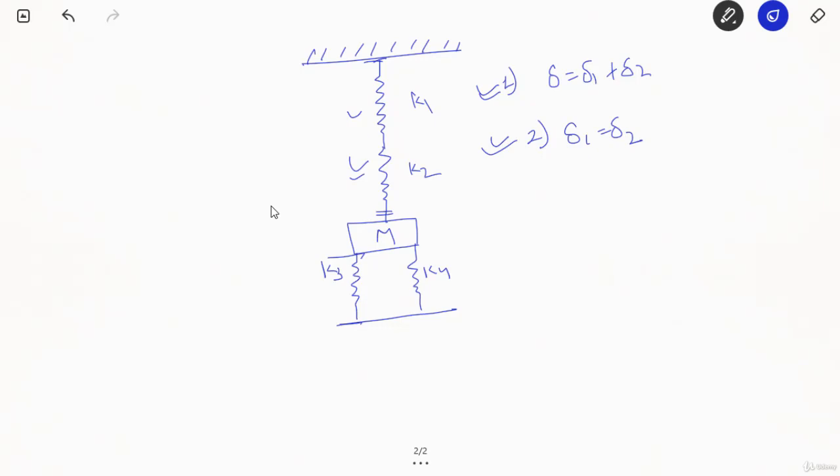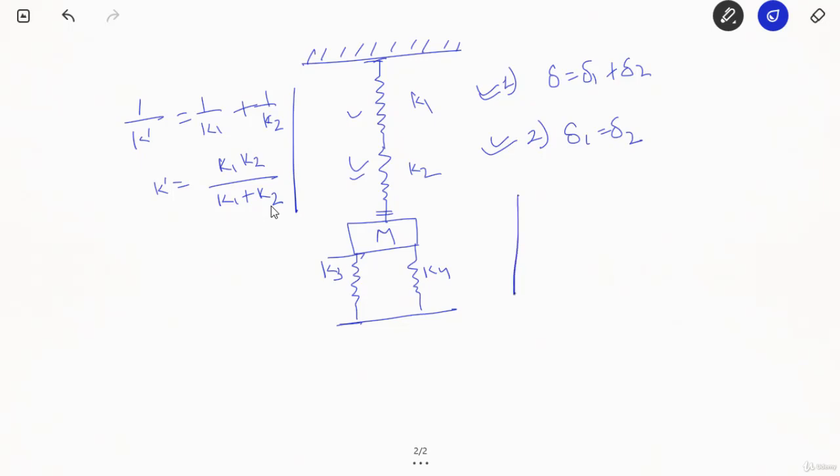So the upper part's net stiffness, let's say this is K dash, we should rather write with the formula, 1 by K dash is equal to 1 upon K1 plus 1 upon K2. Upon solving, we can get K dash is equal to K1 K2 upon K1 plus K2.